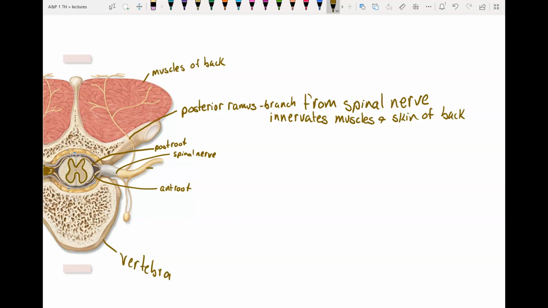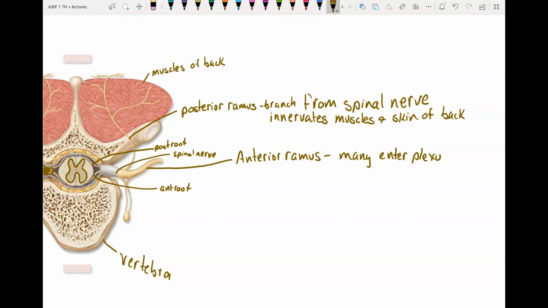Then you have this part, the anterior ramus. Many of your anterior rami go through a plexus, which we'll talk about soon. And then they go on.